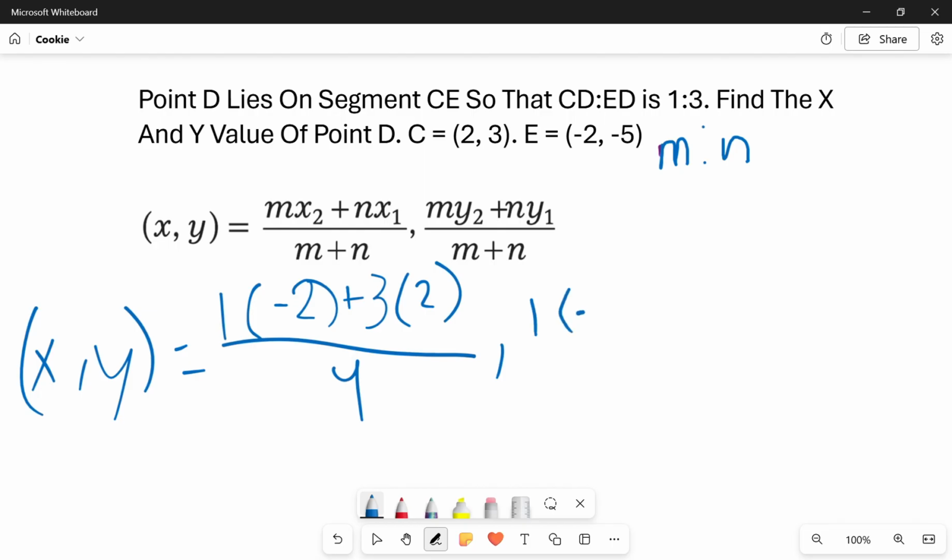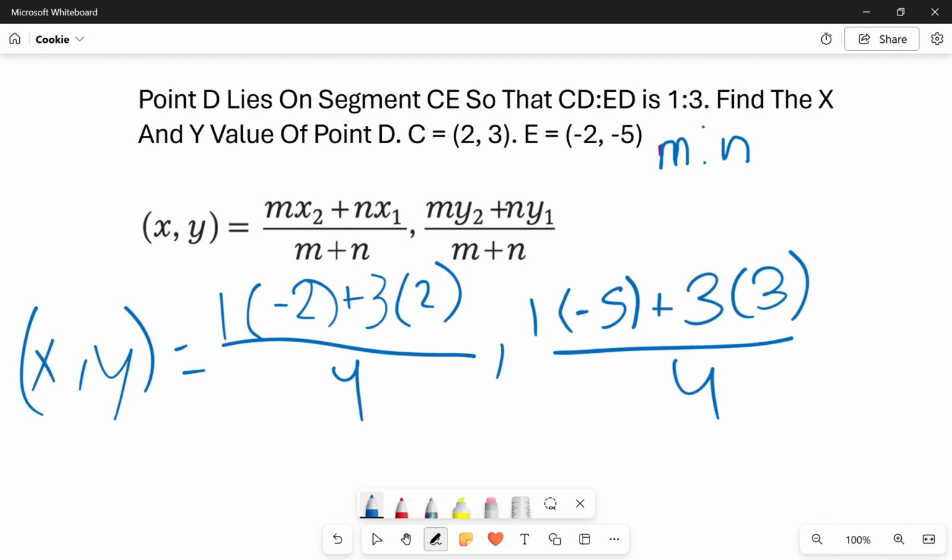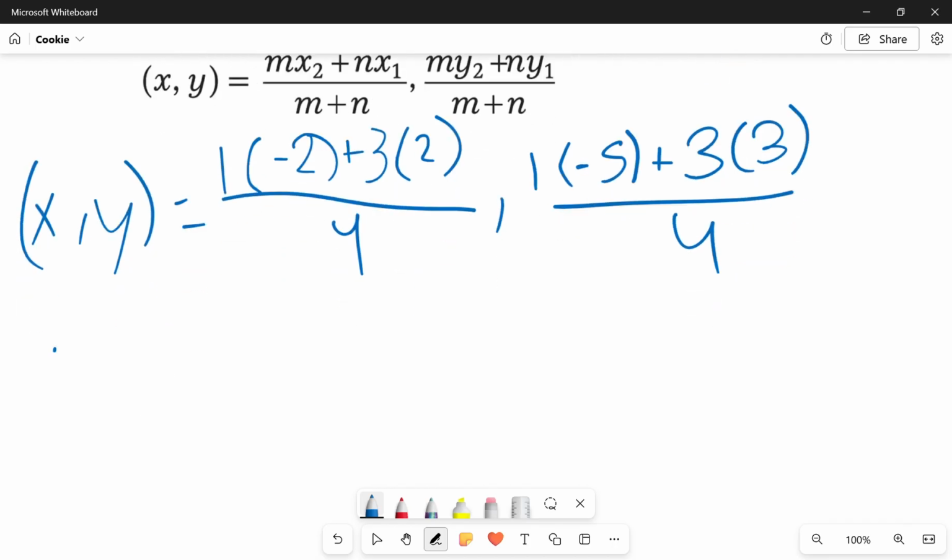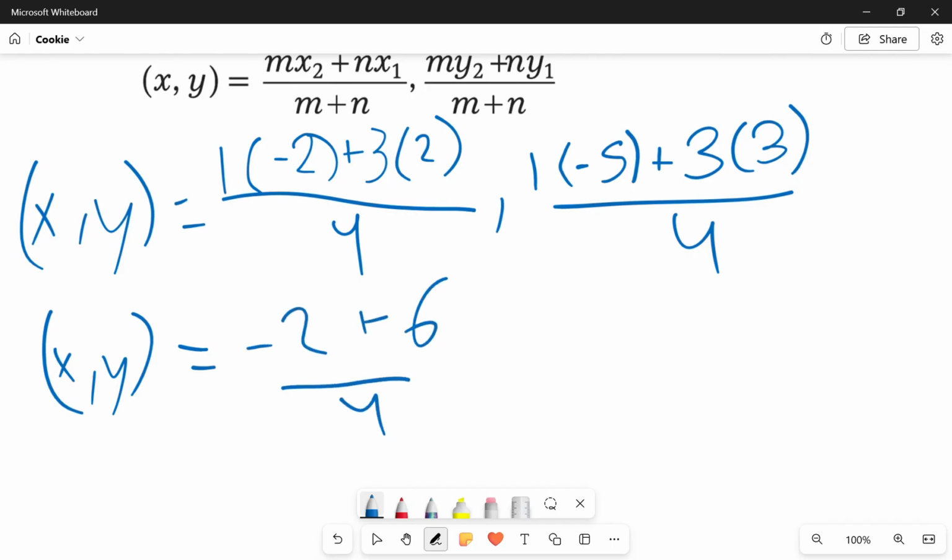And y is equal to 1 times -5 plus 3 times 3 divided by 4. If we simplify that, we get x, y is equal to -2 plus 6 divided by 4, -5 plus 9 divided by 4.